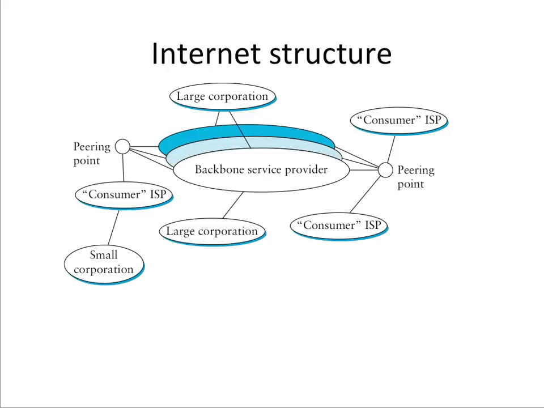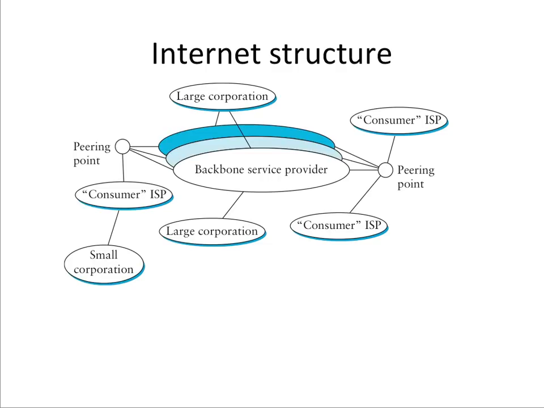Before we get to the description of those two routing protocols today, let's put them in context to understand where they are used, because there are various types of routing protocols used in different parts of the internet. So here's a map of the internet, a very abstract one. We have a bunch of backbone service providers.